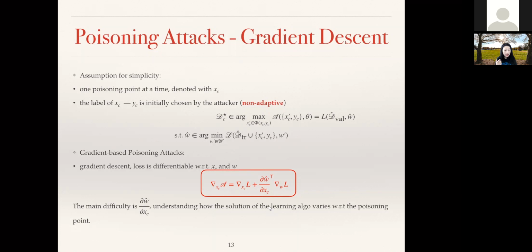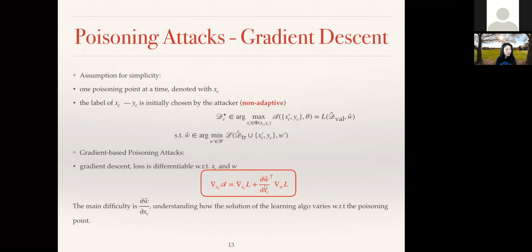But the problem is that w hat also depends on your x_c, which is not optimized yet, which is your goal. Basically, you're trying to devise x_c, the poisoning data point, right? So this is the challenge of the bi-level optimization problem. Reflected in the gradient, there is this term that you don't know how to solve, right?